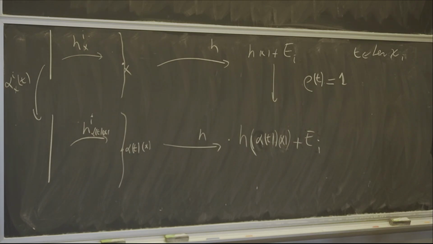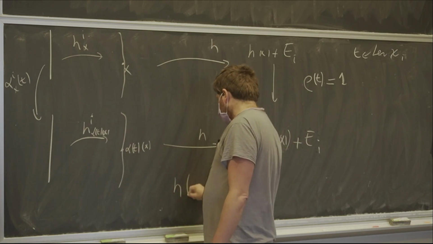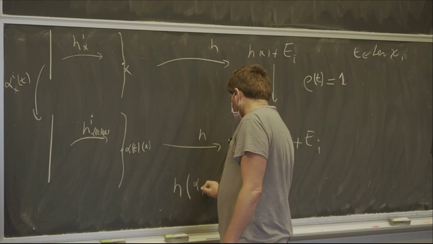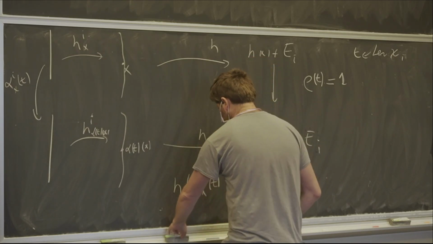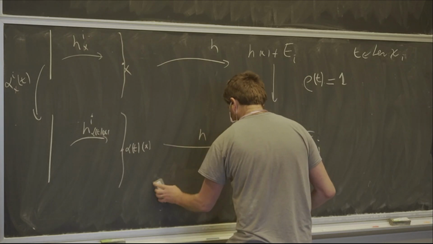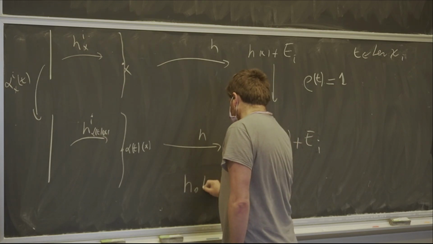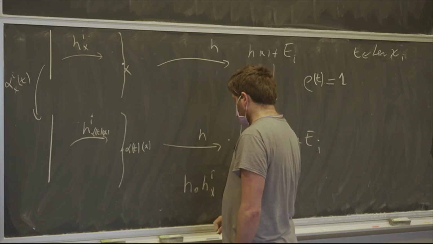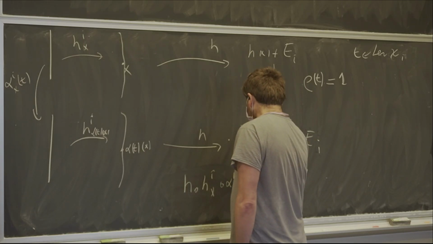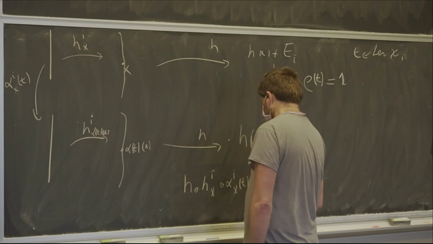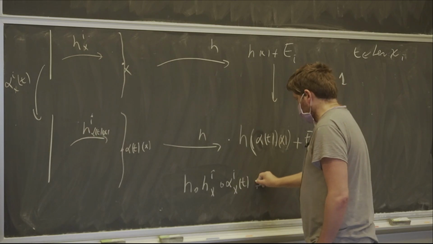And this diagram commutes, which means that h of alpha x, okay, I should be more careful. h composed with hxi composed with alpha xt, then it should be alpha of t of x.